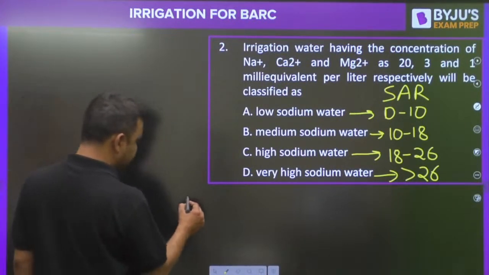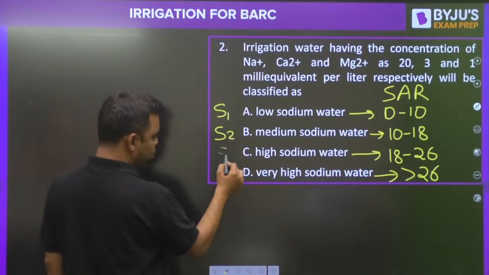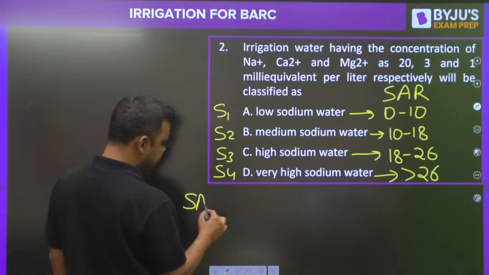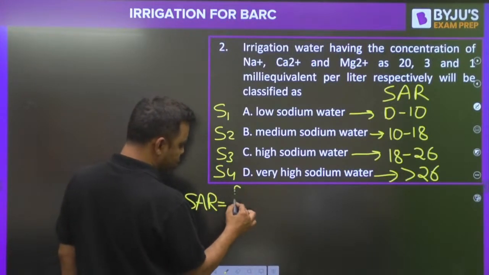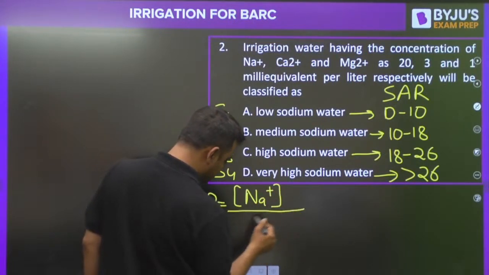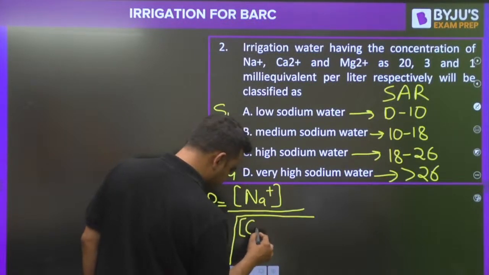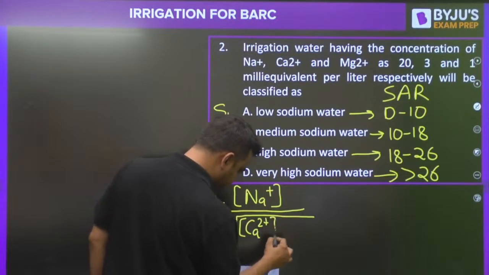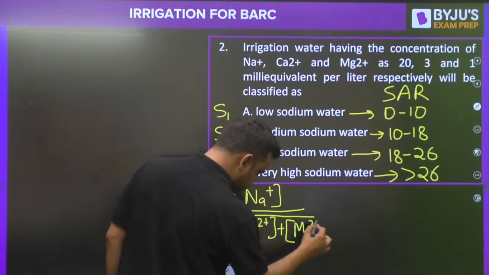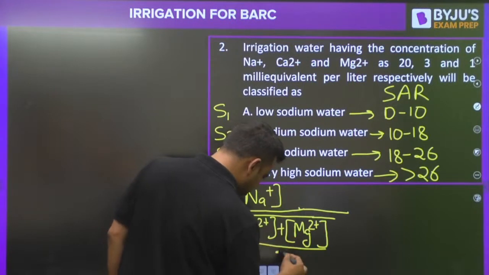Now the SAR value, called S1, S2, S3, S4, right? So the SAR value is the concentration of sodium ion divided by the square root of the concentration of calcium ion plus the concentration of magnesium ion, divided by 2.